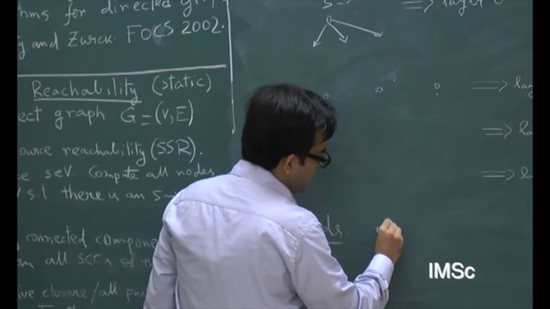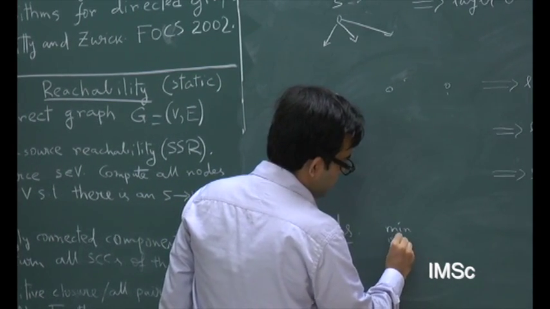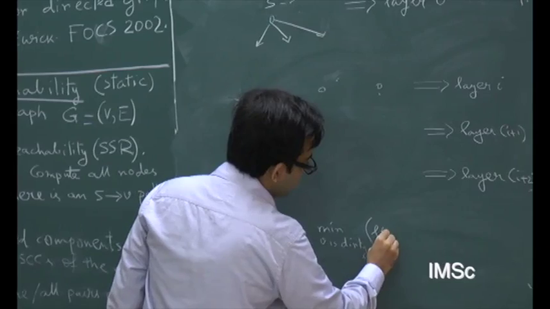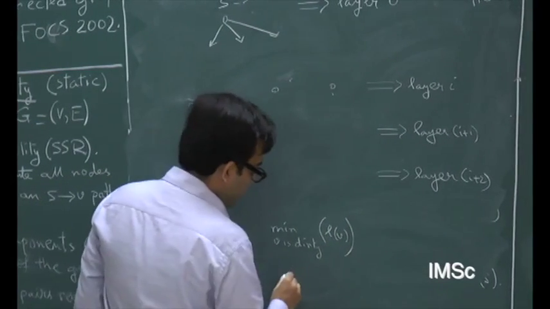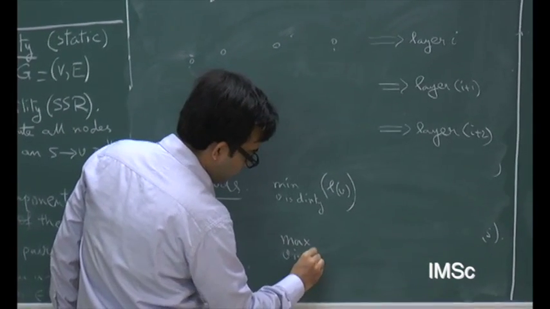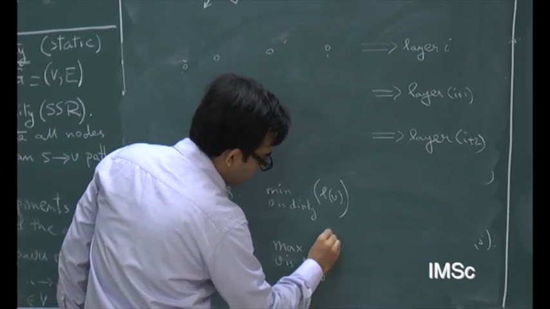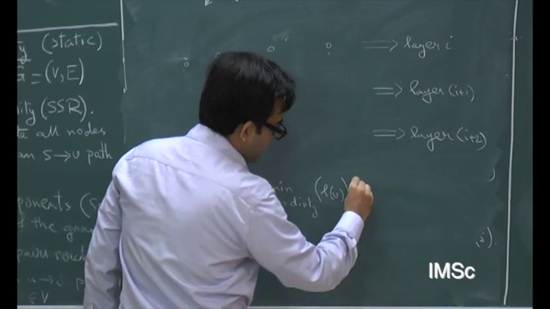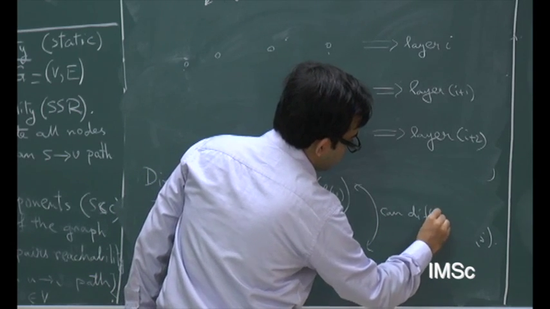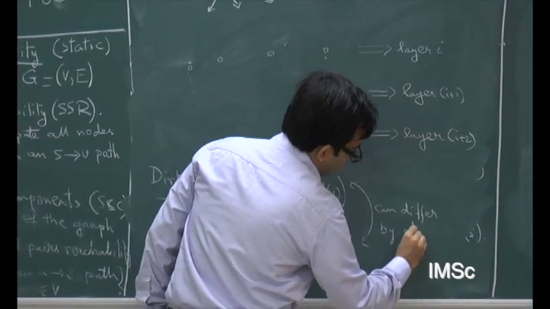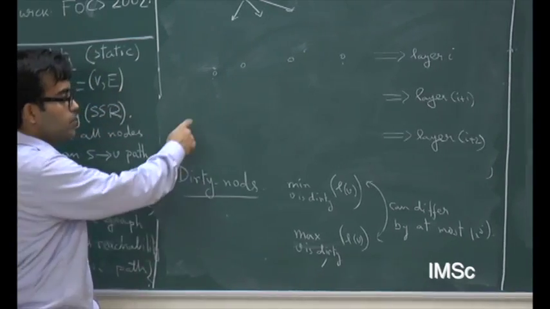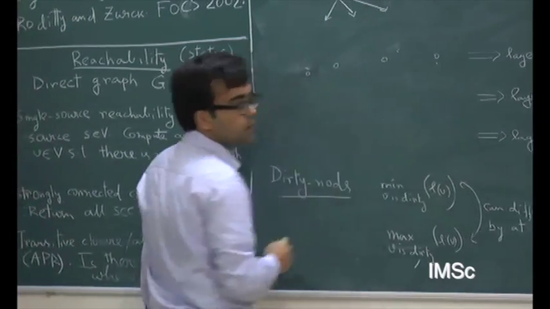So look at the minimum over V dirty of L of V, where L of V is the layer of V, and look at the maximum over V dirty of the layer of V. Their difference can be at most 1. So right now, suppose the dirty nodes are in layer I plus 1 and I plus 2.